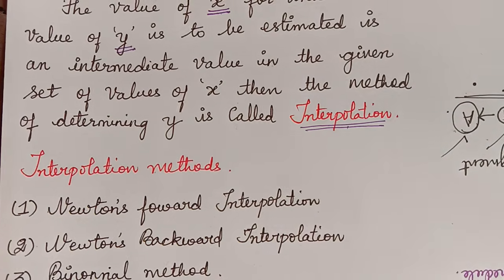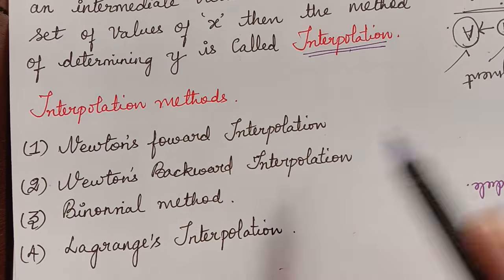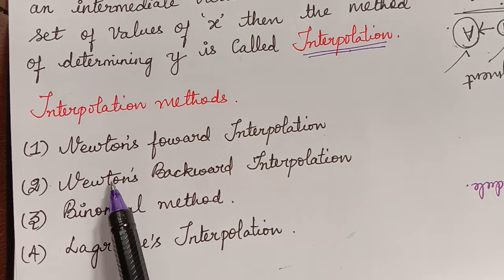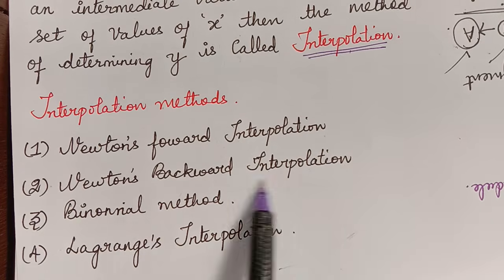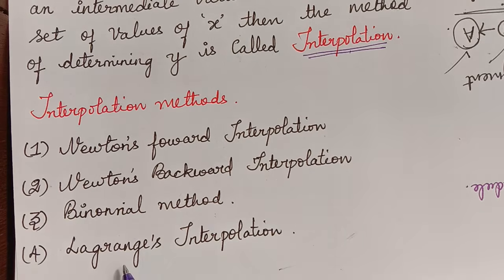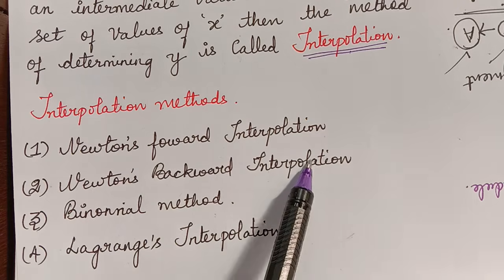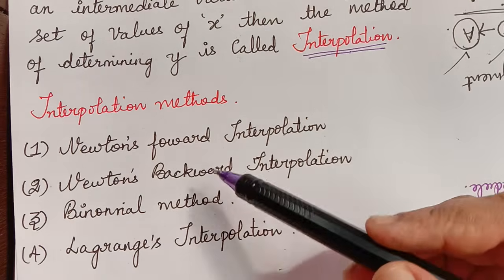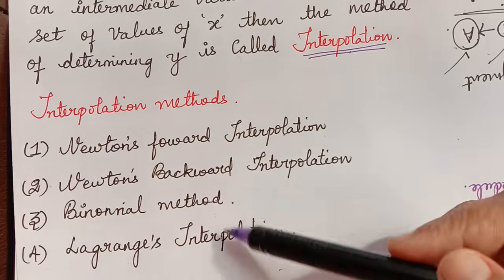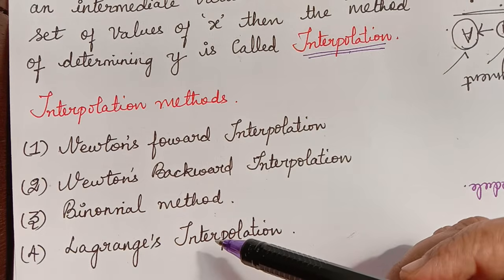A few methods to list out are Newton's forward interpolation, Newton's backward interpolation, binomial method, and Lagrange's interpolation method. What Newton's forward and backward interpolation are, how we identify the method and apply it on the problem is what we are going to learn.